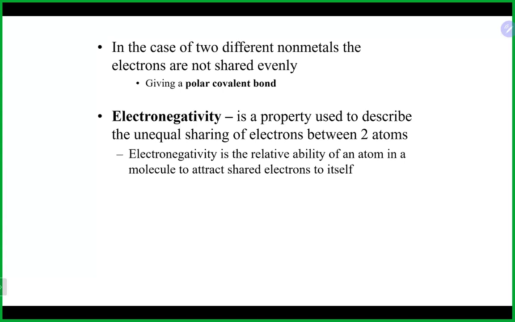We can determine if a bond is going to be polar or nonpolar, as we talked about in the previous chapter, by looking at the difference in electronegativity. If we have a difference typically above 0.4, it's going to result in some type of polar bond. And as we saw with hydrogen bonding, we have a hydrogen attached to a nitrogen, oxygen, or fluorine, our most electronegative elements, and that's going to create a really good polar bond.